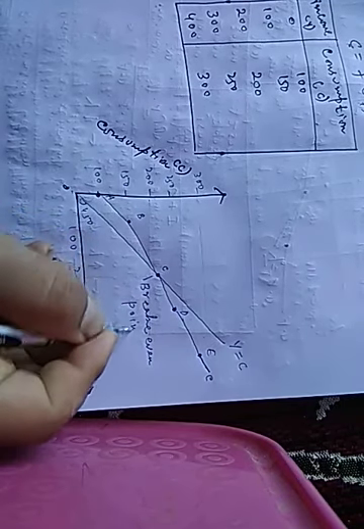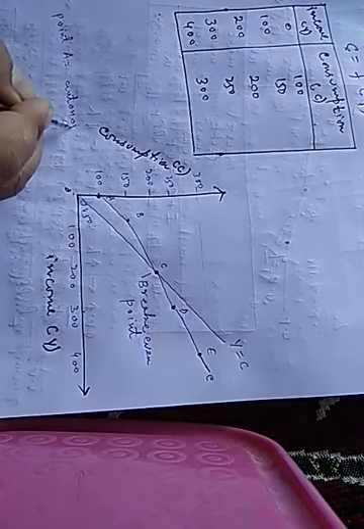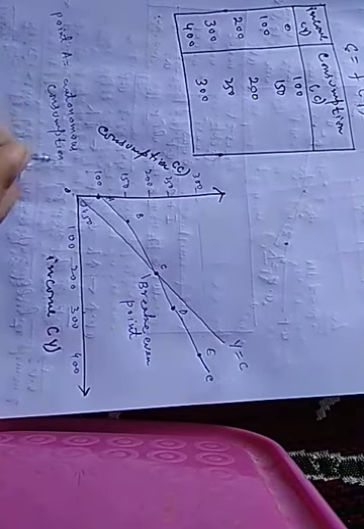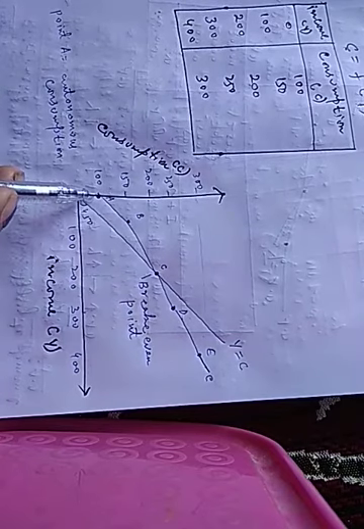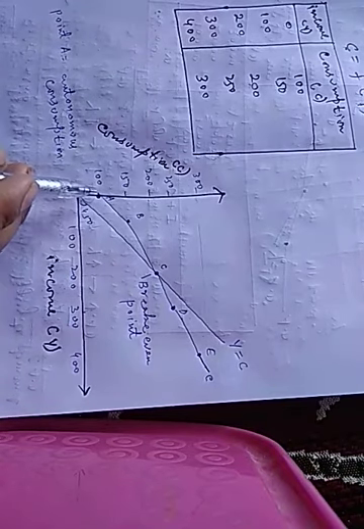This is point C. And this point A shows autonomous consumption, which means that some minimum consumption is independent of the level of income. Income is 0 but consumption is 100 units. It is the autonomous consumption. That is why it starts from the vertical axis, from this point.